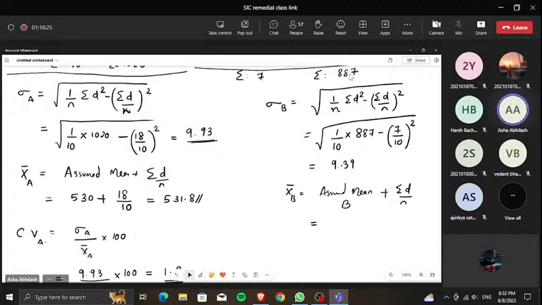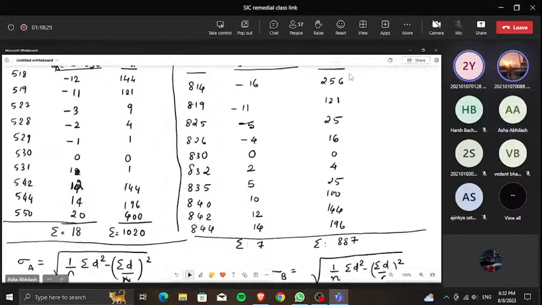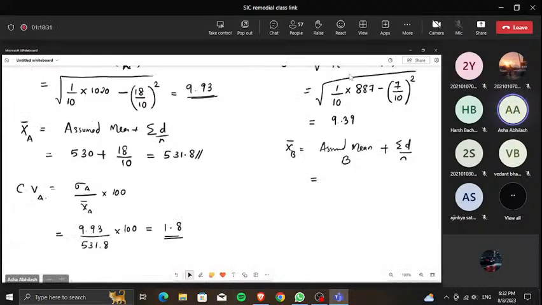What is your assumed mean? We have considered 830. So 830 plus summation d is 7, n is 10. So what are you getting here in total? 830.7.